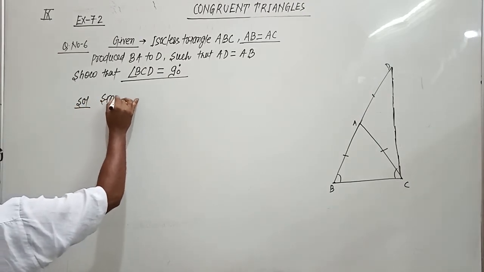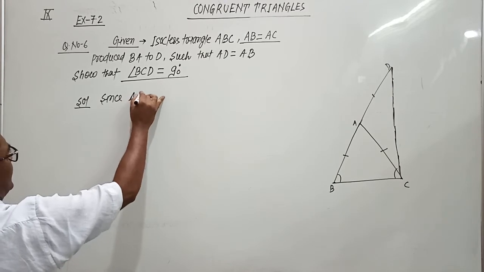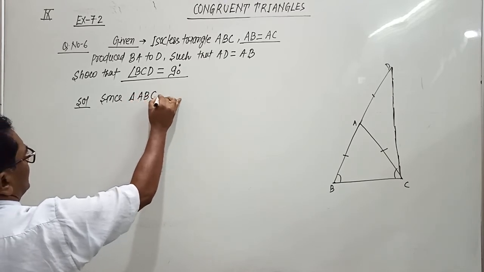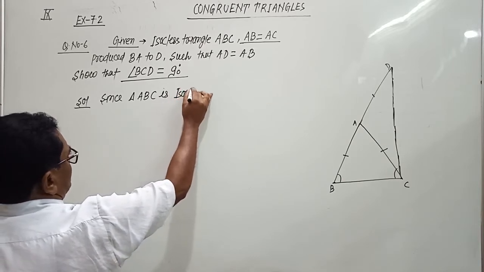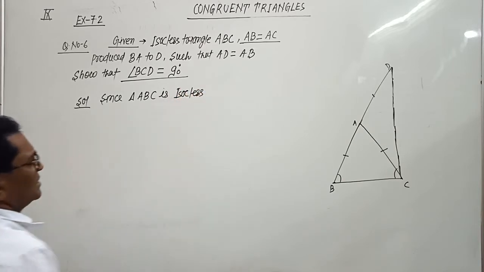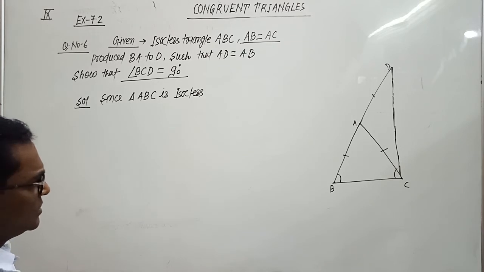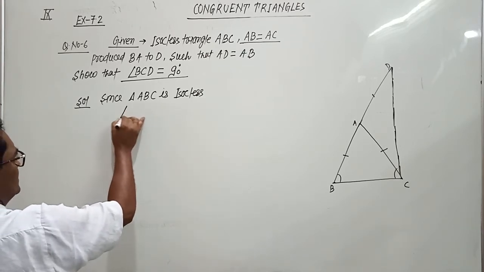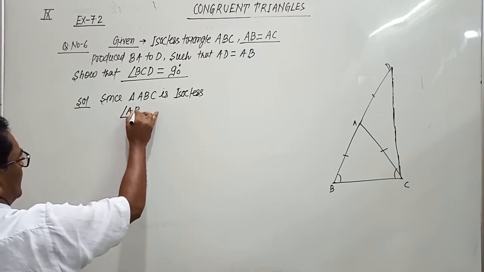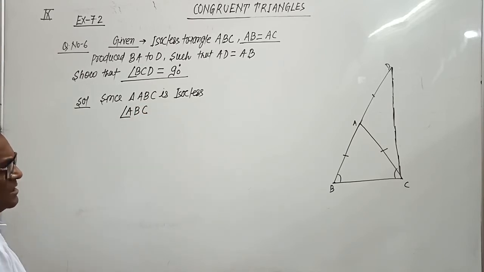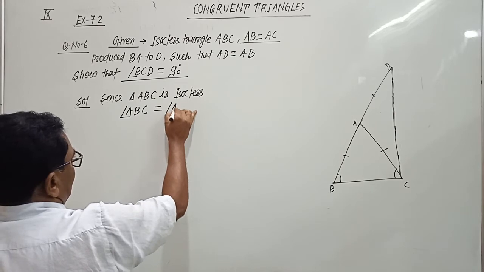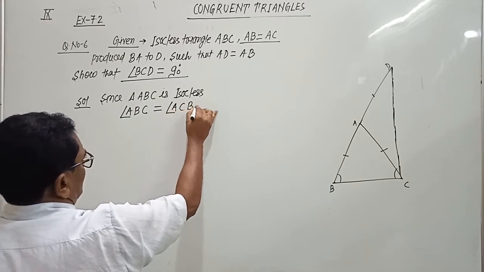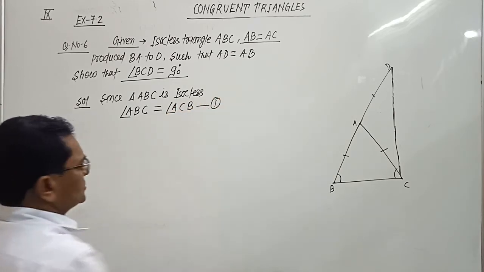Since triangle ABC is isosceles, therefore angle ABC is equal to angle ACB. Name it first equation.